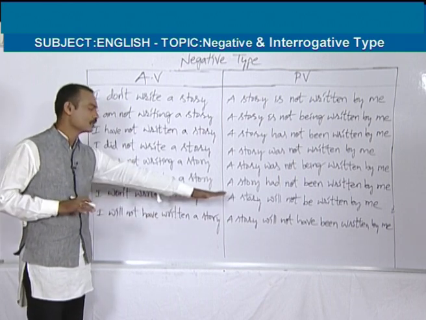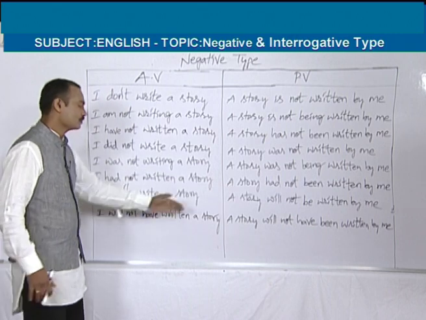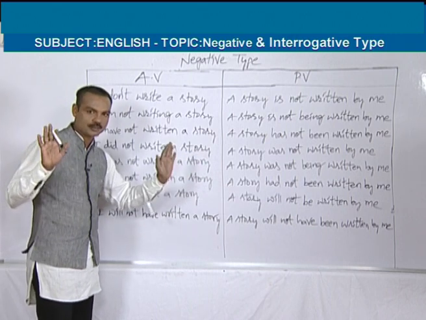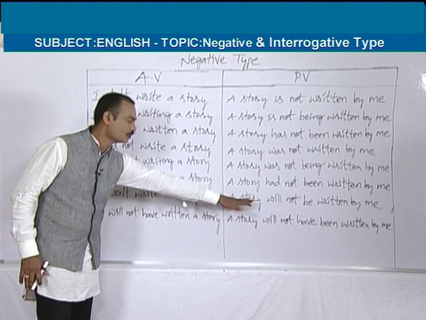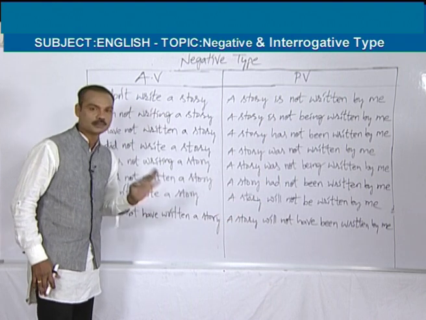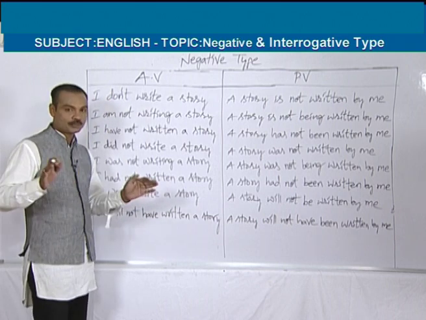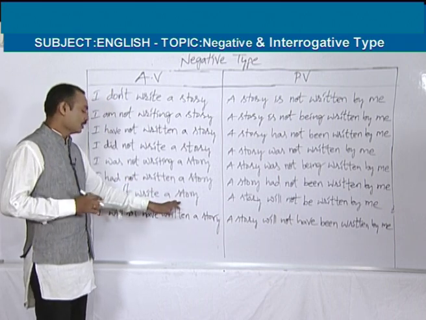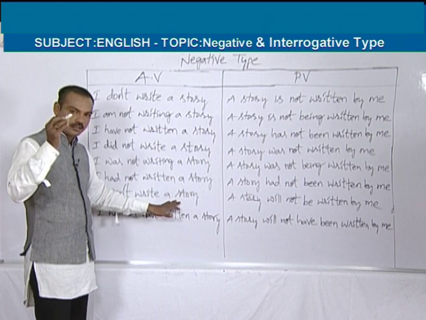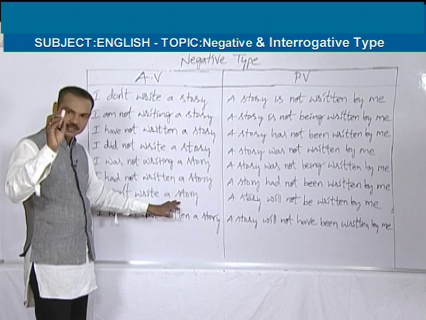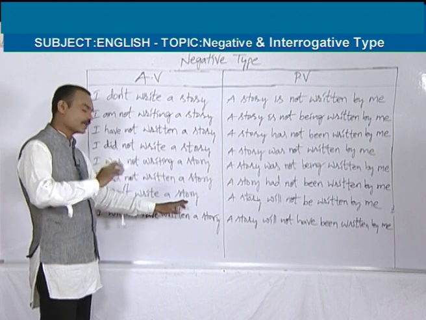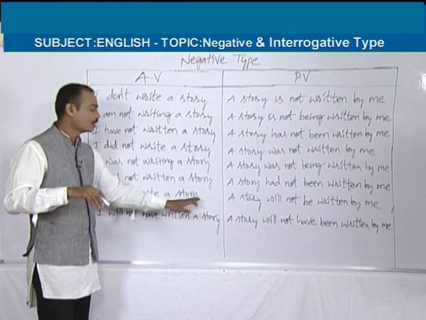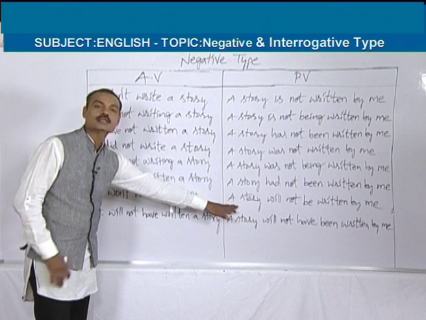Now we are going to change it into passive voice. I have already told you several times that the passive voice should start with the object. A story will not be written by me. So, friends, one important point here: whenever you see any sentence from simple future, if the active voice contains either a singular object or plural object, there won't be any changes in the passive voice.